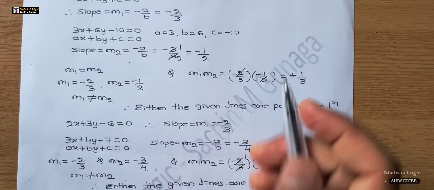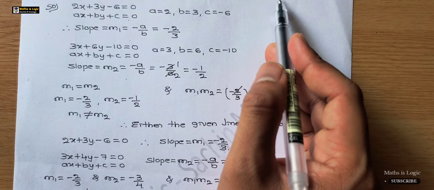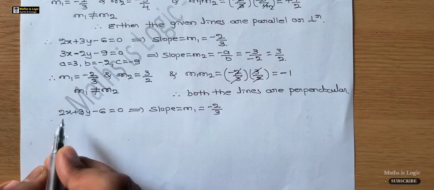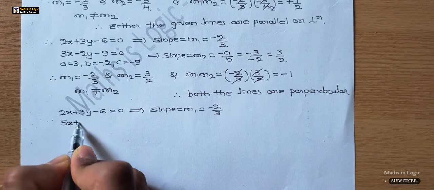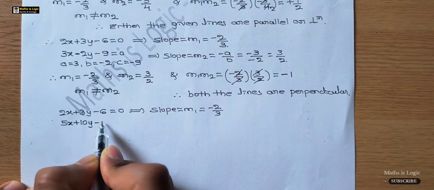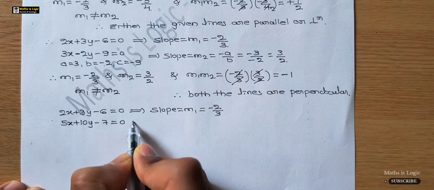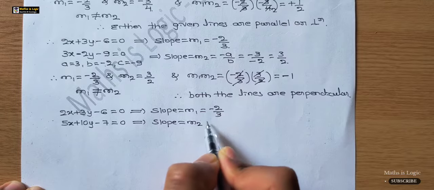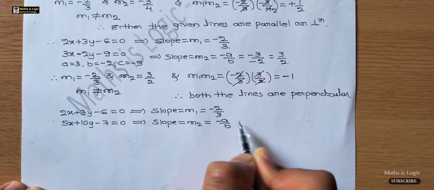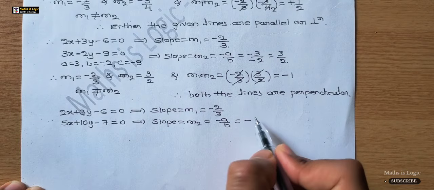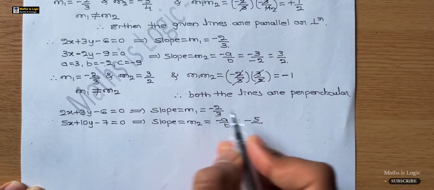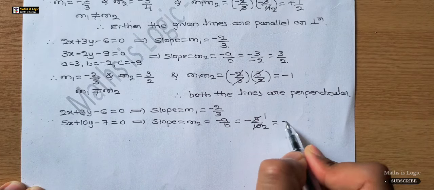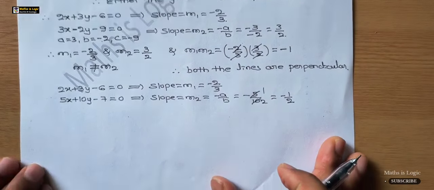Now consider the fourth line, sorry, 5x plus 10y minus 7 is equal to 0. So it implies that slope m2 is equal to, formula minus a by b, minus a means 5 divided by b means 10. So 5 ones are 5, 2. So the answer is minus 1 divided by 2.